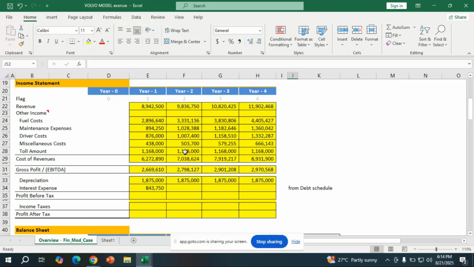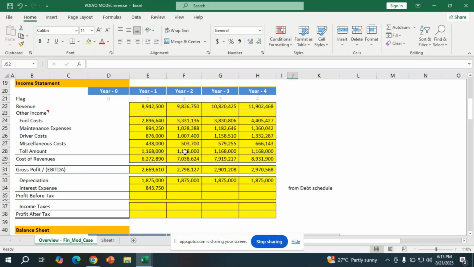expenses. Okay, we are getting for year one 62 lakh 72,890, then 7 lakh 38,624, 79 lakh 19,217, 89 lakh 31,900. Then we arrive at the GP, your gross profit, which is earnings before interest, tax, and depreciation.